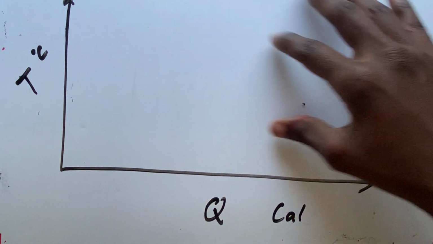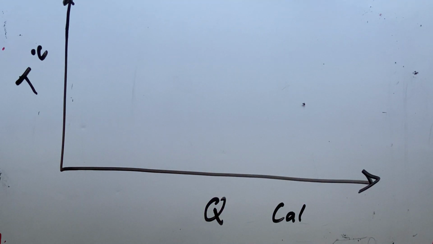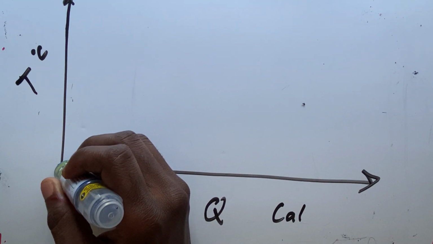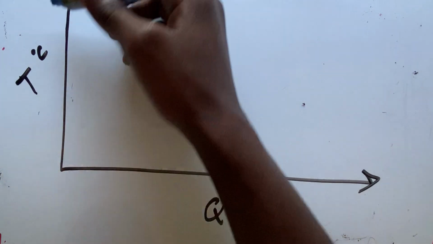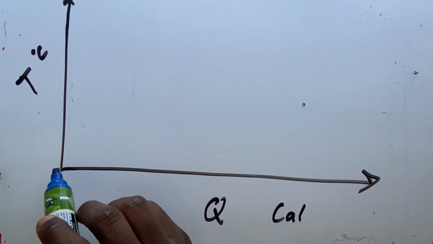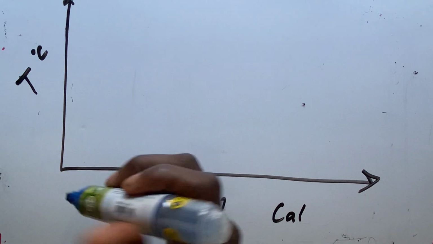And let's say here we're talking about water. So let me just draw it out and then explain. If we have water at a very, very low temperature, it's going to be ice, right?